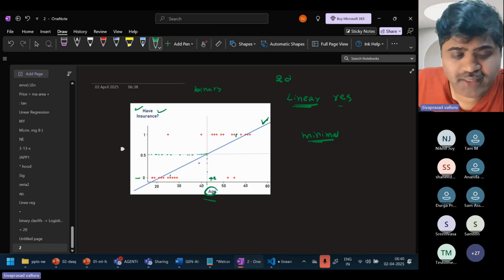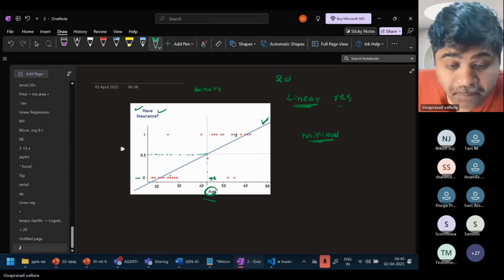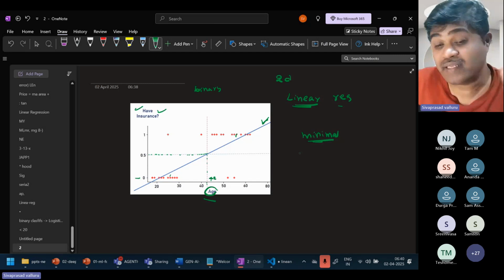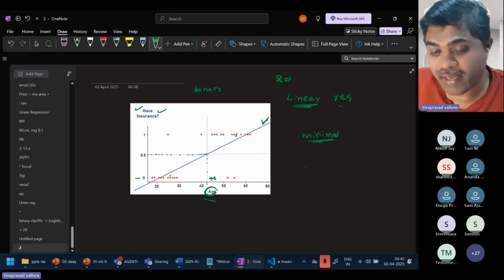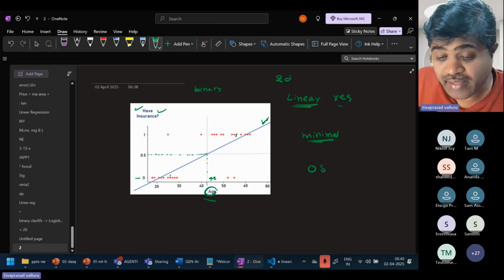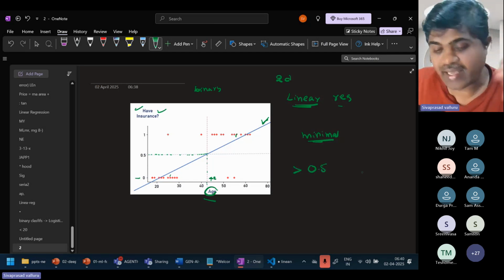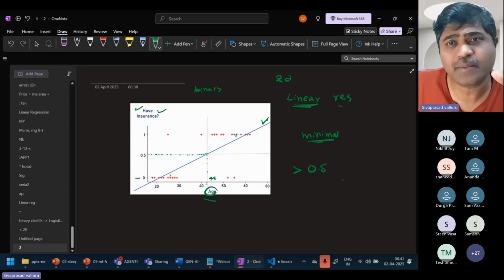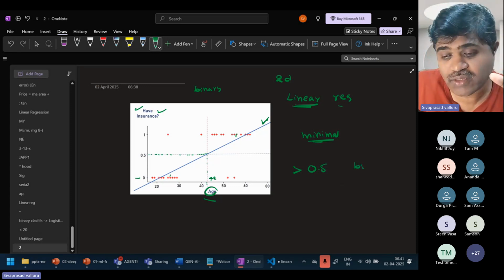So according to this, I can say if the predicted value is greater than 0.5, that means probably the person may buy insurance. So any value greater than 0.5, I can say the person probably, see, it's all about probabilities, probably will buy insurance.